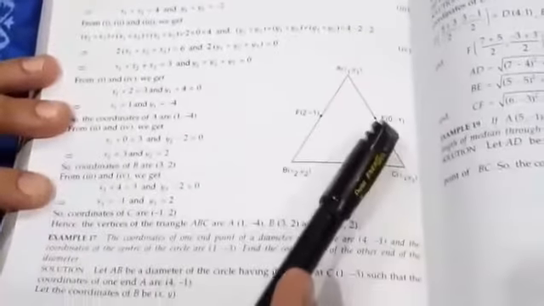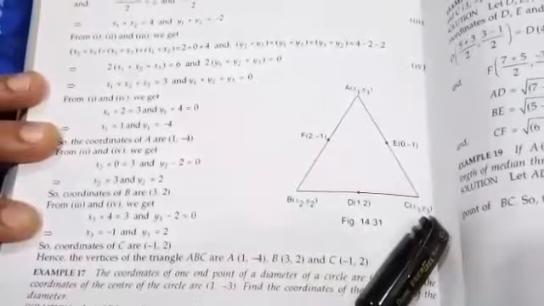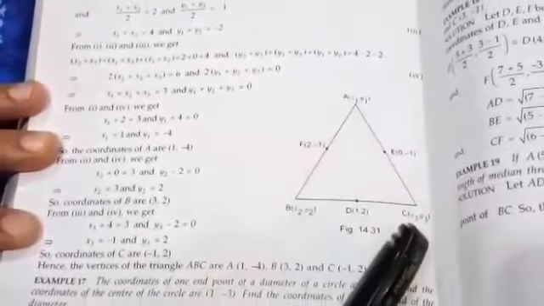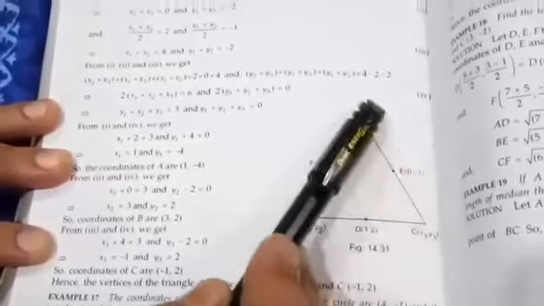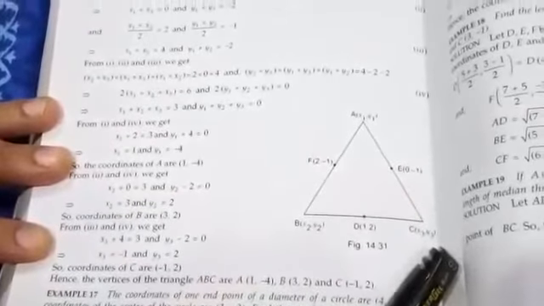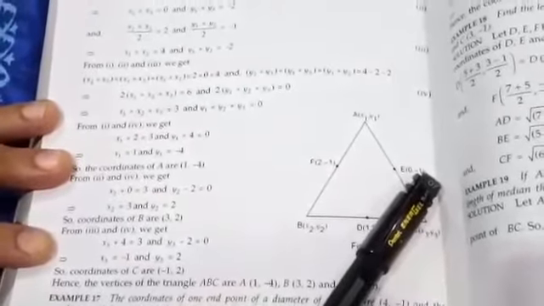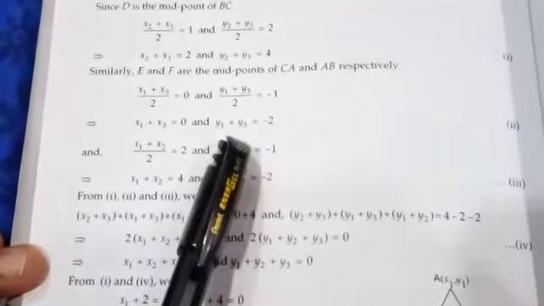Again, we know that E is the midpoint of AC. So (x1 + x3)/2 = 0 and (y1 + y3)/2 = -1. That's what you see here. And on cross multiplying we have x1 + x3 = 0, y1 + y3 = -2.